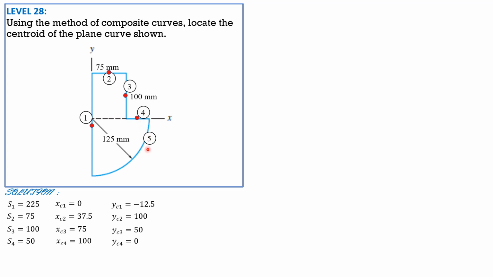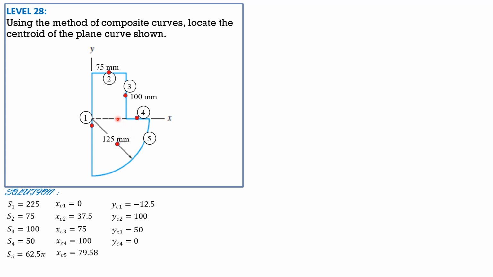Then for element 5, the length is pi r over 2, 125 pi over 2, 62.5 pi. Then the value of x sub c is 2r over pi, 2 times 125 divided by pi. It's here. And that is xc5 equals 79.58.